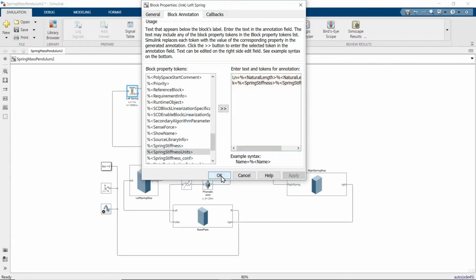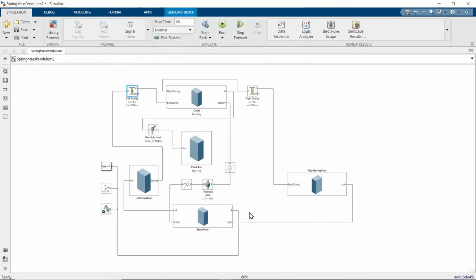Apply, and okay. Now we have shown our parameters and initial conditions in our model.